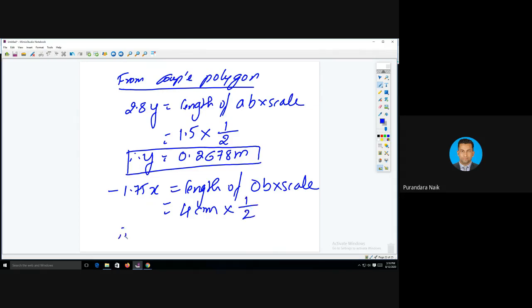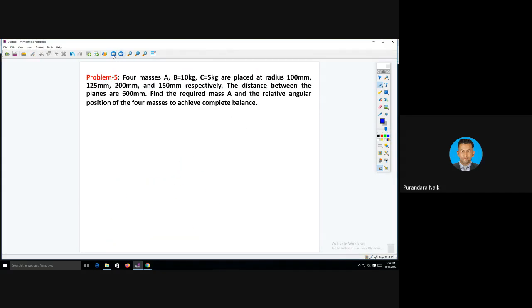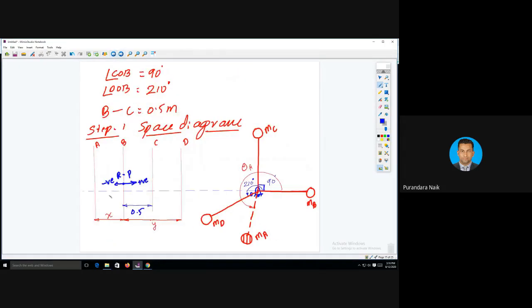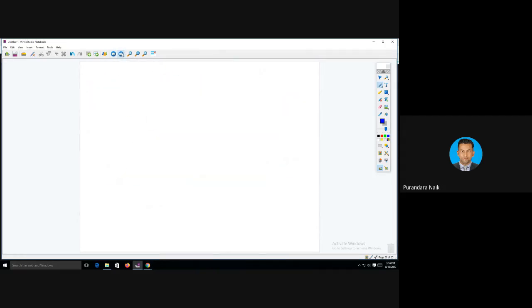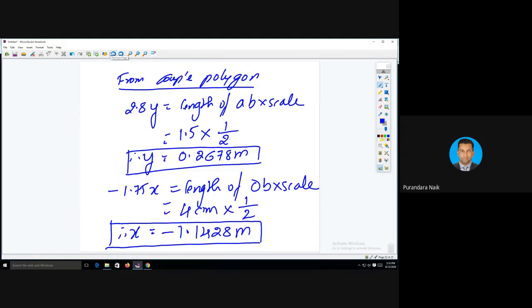So therefore x is equal to minus 1.1428 meter. What does it indicate? The negative sign indicates it is on the left side. X is on the left side, negative. That's why it indicates it is in the negative direction, minus 1.428 meter. Thank you.